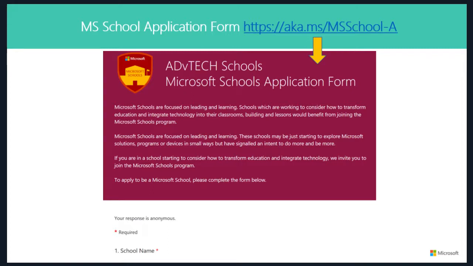You sign in, and you sign in with your school email address and your password. You choose the option Office 365. So just ignore all the other options. Otherwise, Advotech and Microsoft will not be able to track your journey and your progress. We want to be able to see how many badges and points and so forth you've accumulated. So make sure that when you choose sign in, the next option would be Office 365. Sign in with your school email address and password, and that's the way to go.